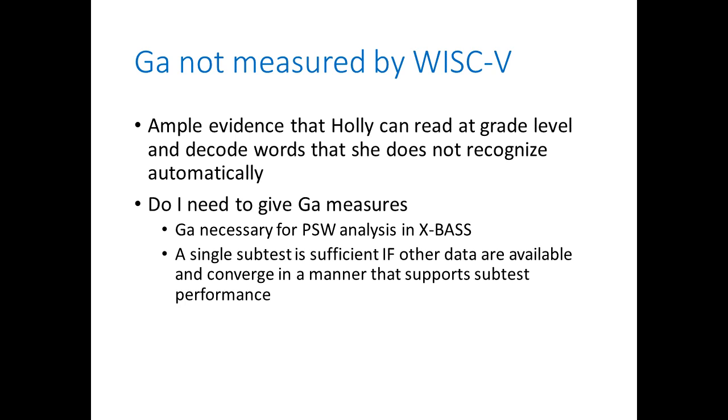Well, GA is necessary to conduct a PSW analysis. So we don't want to do over-testing, right? That's always an issue. But since it's necessary for PSW analysis, what do we do? Is a single subtest sufficient? Well, a single subtest is sufficient if there are other data available to support it.